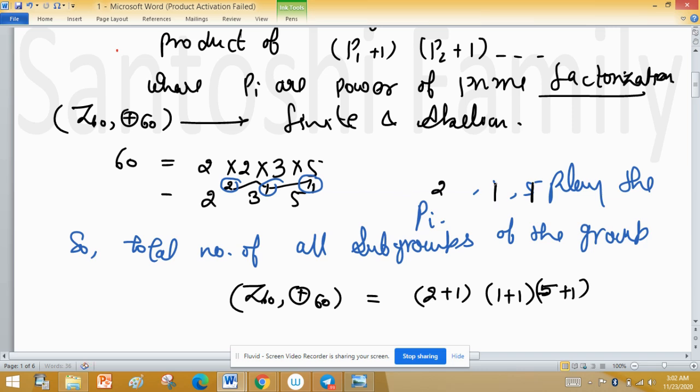So 3 into 2 into 2, 3 twos are 6, and 6 twos are 12. So there are only 12 subgroups of the group Z60.